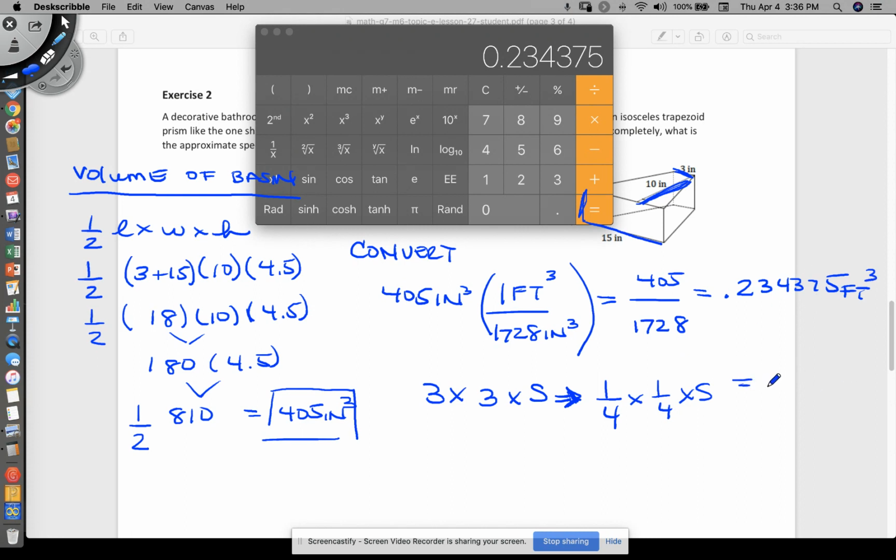So this is what this is basically saying. All right, what is this then calculated out to for feet per second? That's going to be 3.75 feet per second.